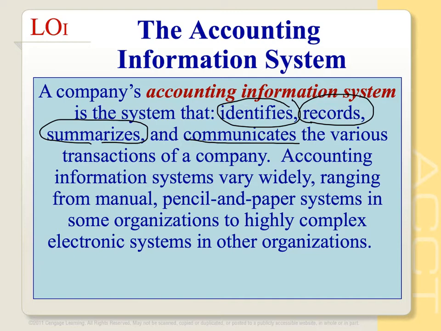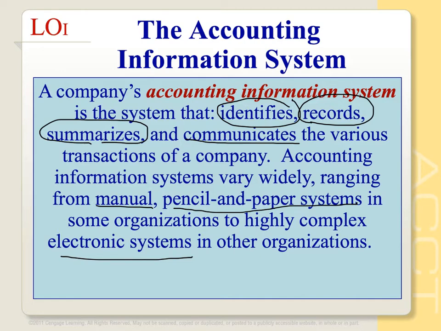Accounting information systems vary widely, ranging from manual, pencil and paper systems in some organizations to highly complex electronic systems. And that is what big companies use today. In fact, all companies, whether they're large or small, probably use some sort of computer system.